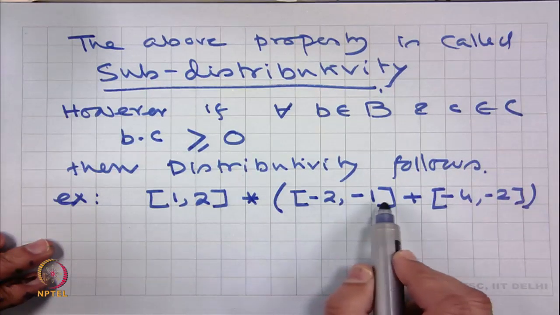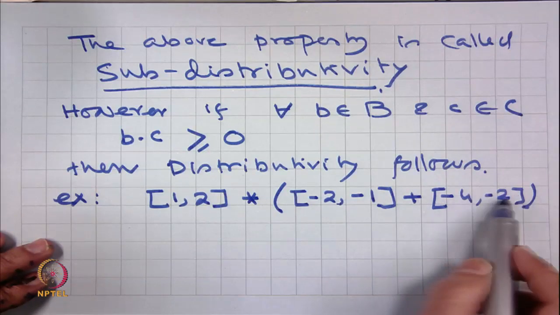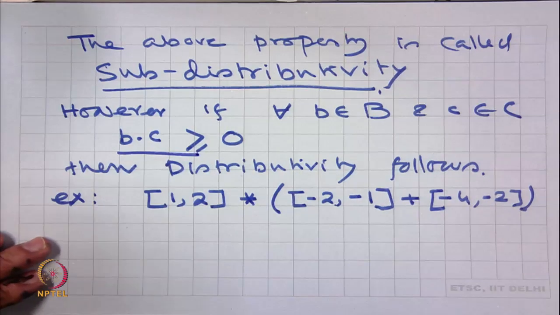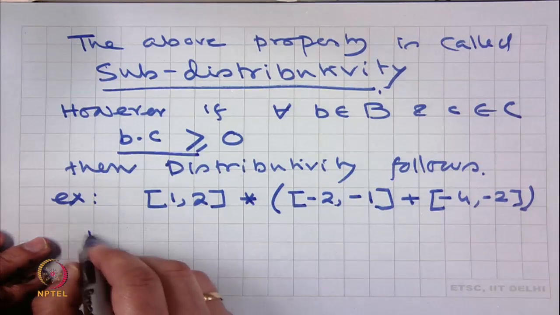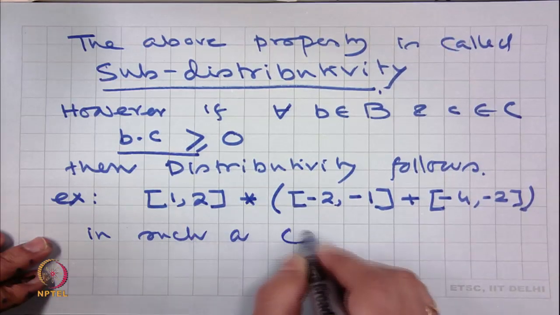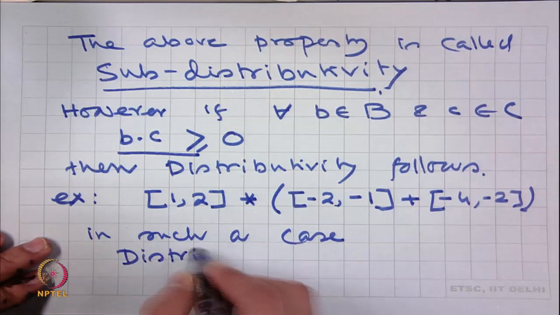Since all the members of B are negative and all the members of C are negative, these conditions hold. In such a case, distributivity holds.